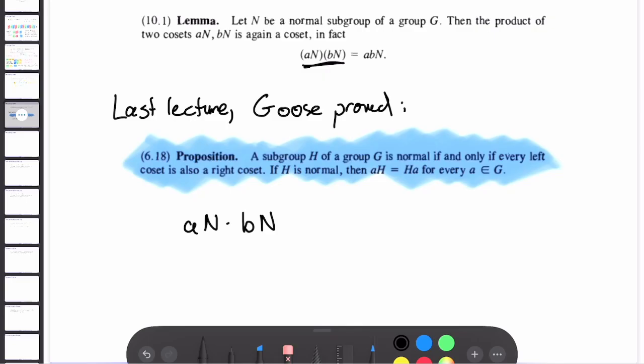You can't stop me from writing that like this, because anything that is an1 times bn2 is the same thing as a times n1b times n2. Nothing to prove here.